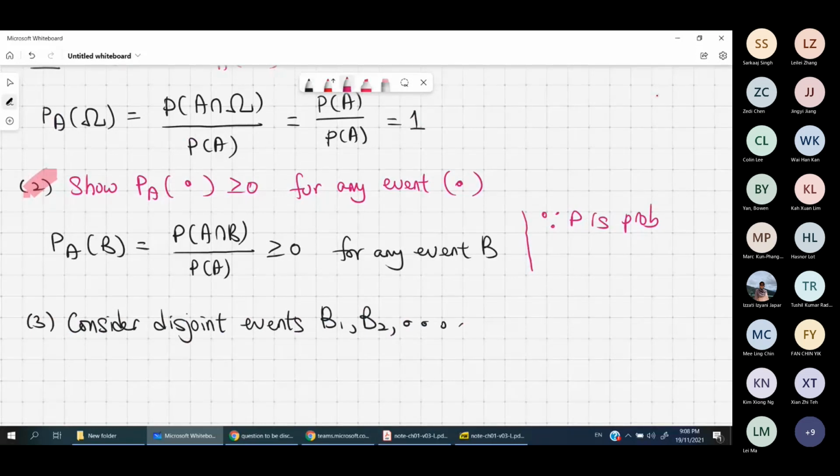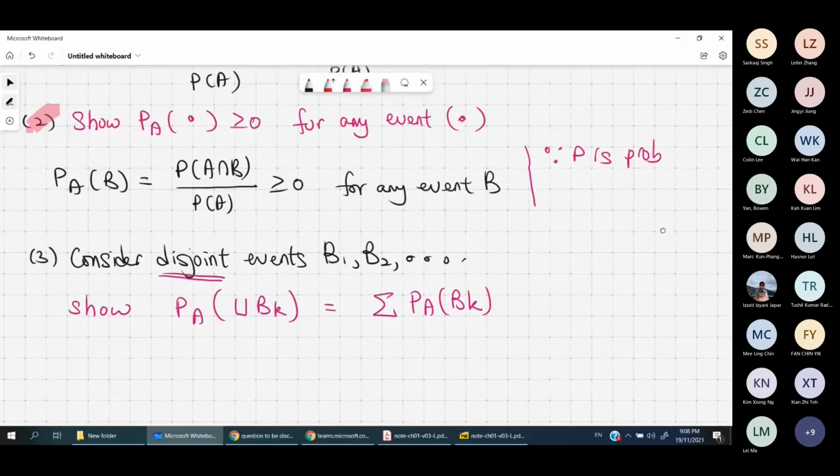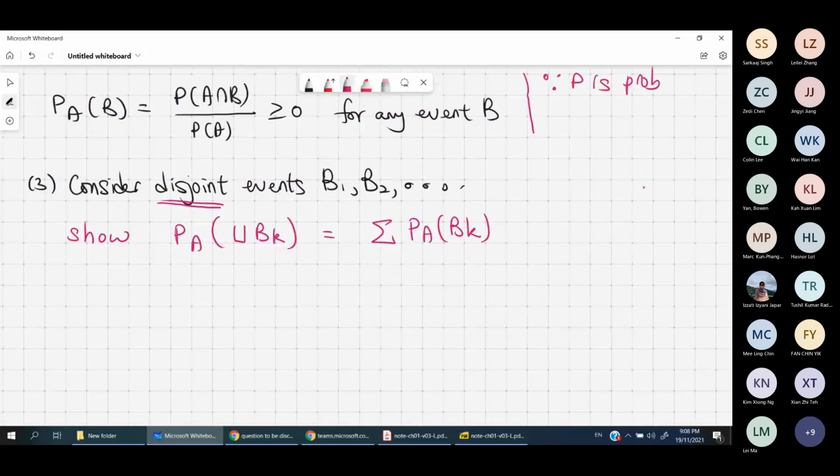What we want to show is that P(A | union of B_k) always equals the sum of P(A | B_k). Again, I want to highlight, make sure everything is disjoint here. So we want to show this equals this. Okay? So let's proceed.